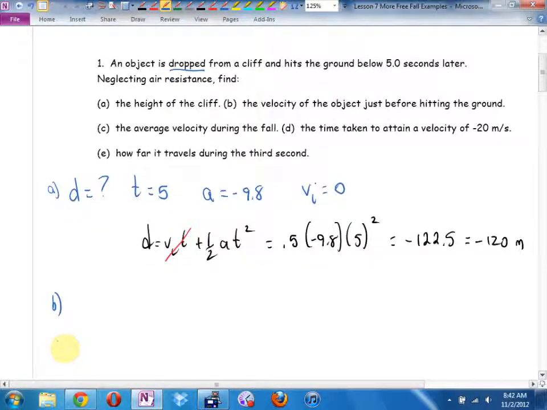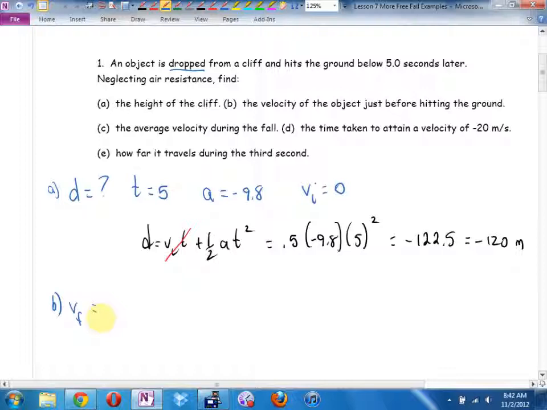Oh, good. You know what? I'm going to freeze the screen. Why don't you see if you can find V final on your own? Now, you could use the distance if you want to, but I think I would try using the information that they gave me, the T, the A, and the VI, if at all possible. So I've frozen my screen. Oh, this isn't too bad at all.